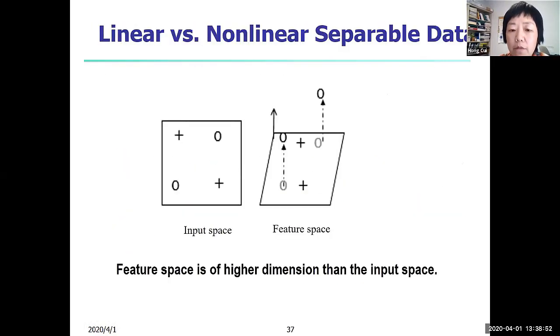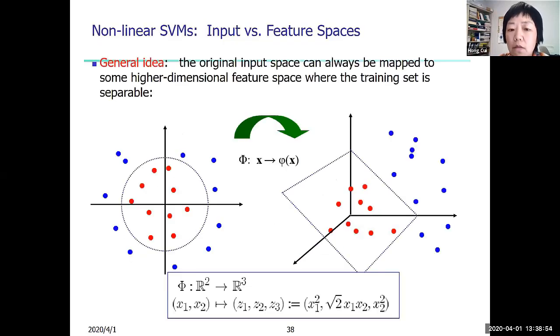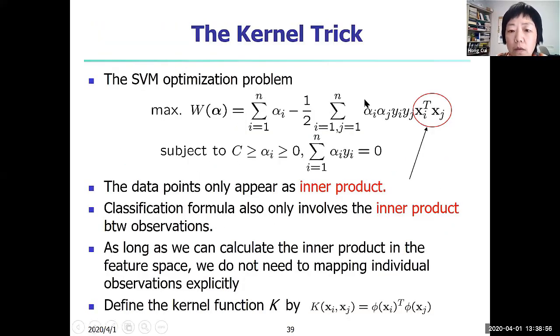Therefore, the clever way of doing things is just to transform this to a higher dimensional space without transforming each individual observation. Just directly apply the kernel function. As long as we can calculate the inner product in the feature space, we are optimizing this problem in the feature space.